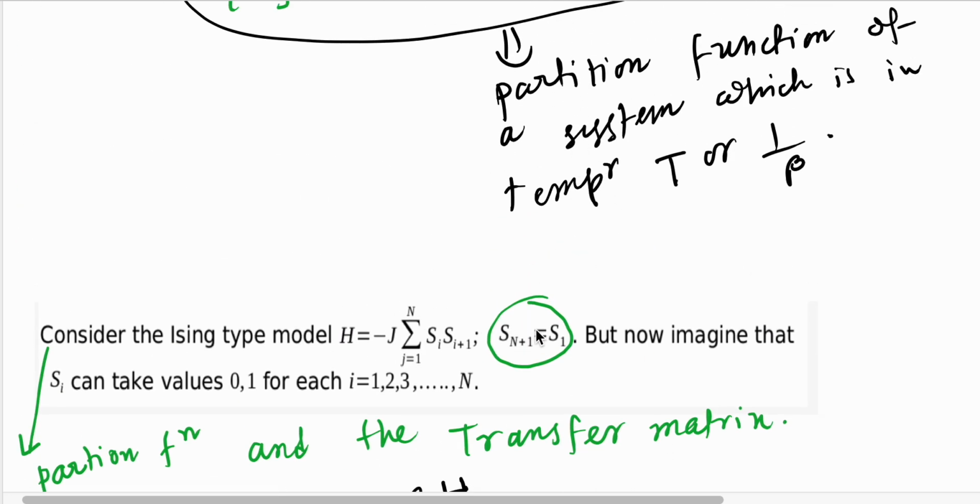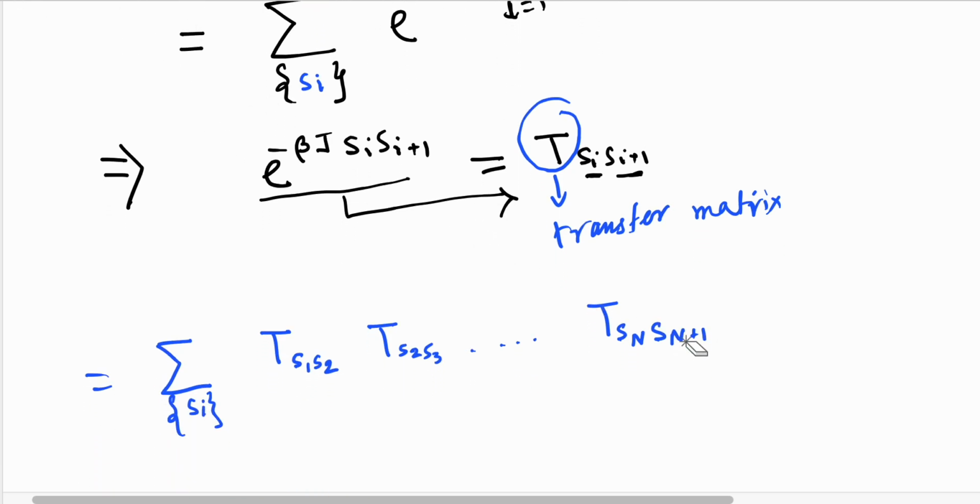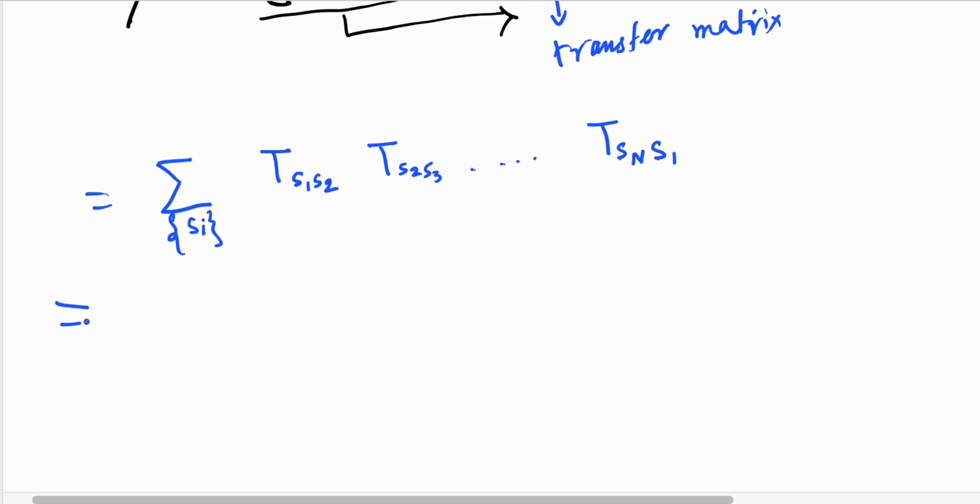Since we use the periodic boundary condition, S_{n+1} is nothing but S1. So let me write it as S1.